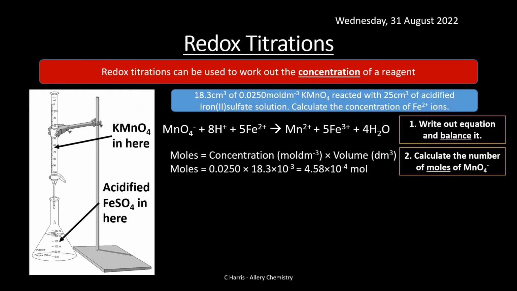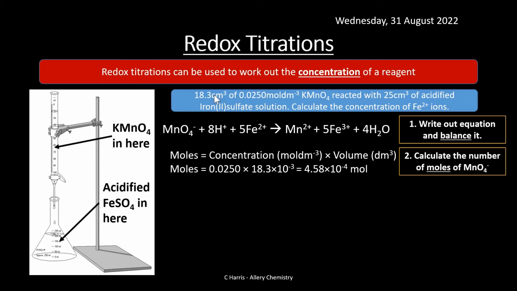So then we need to calculate the number of moles of manganate, MnO4 minus. Moles, remember from year 1, is concentration times volume. So put your numbers in there: 0.0250, the concentration of manganate ions, multiplied by the volume we added, 18.3 centimeters cubed.